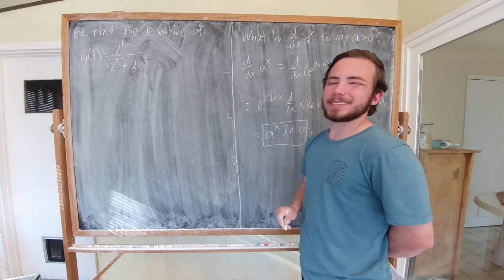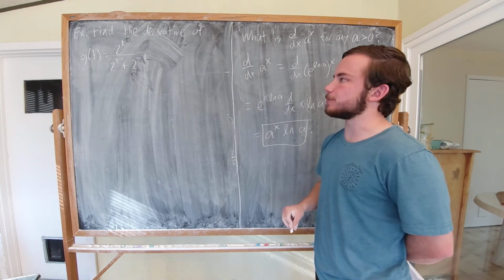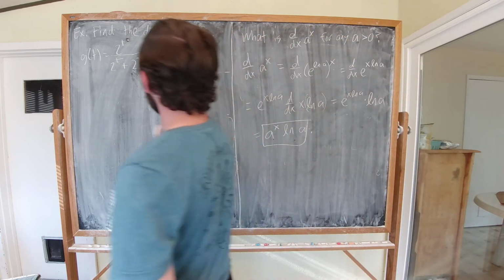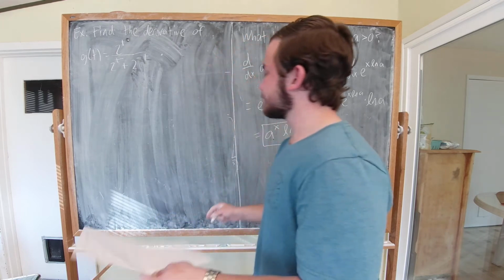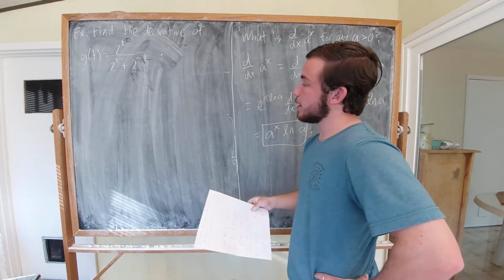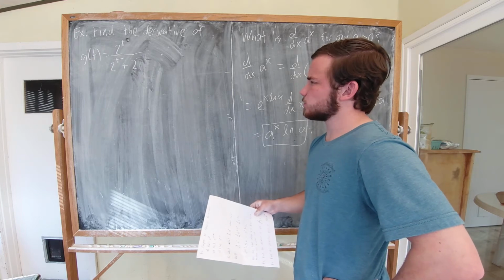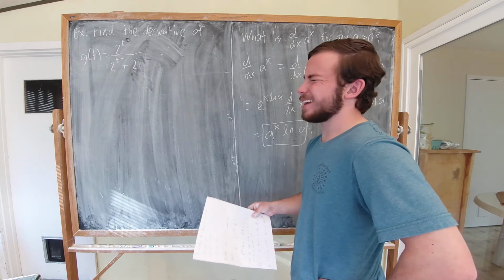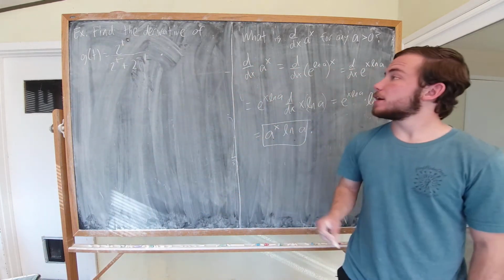Alright, I hate to say this, but it looks like we're going to have to use the quotient rule. It's a sad day for us all. Is there a way to get around it? Nah, not easily. Alright, let's just do it with the quotient rule.